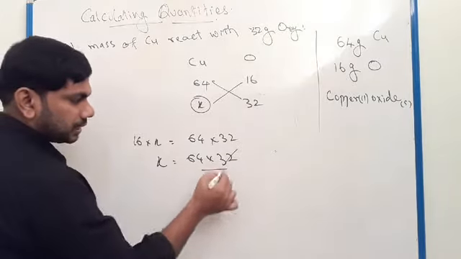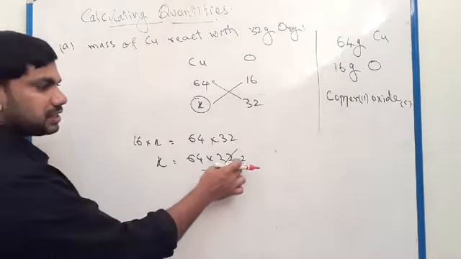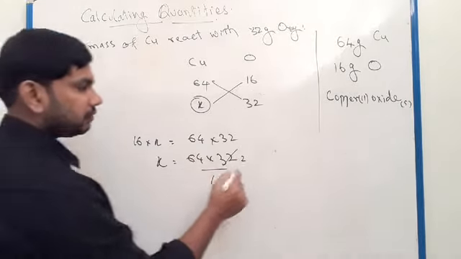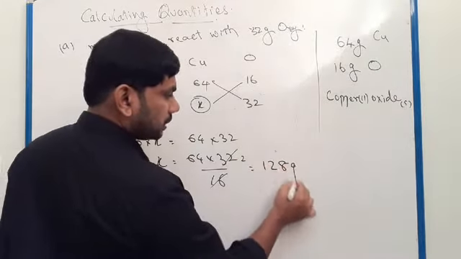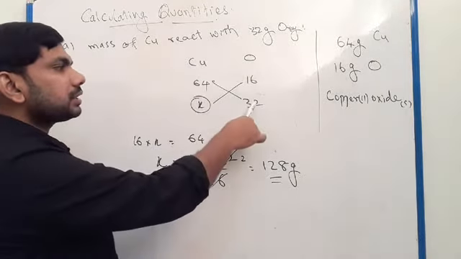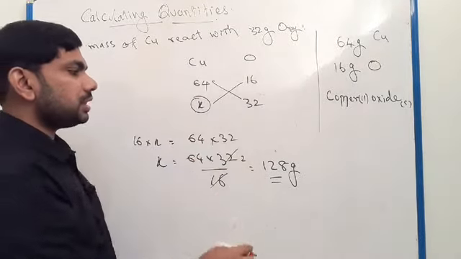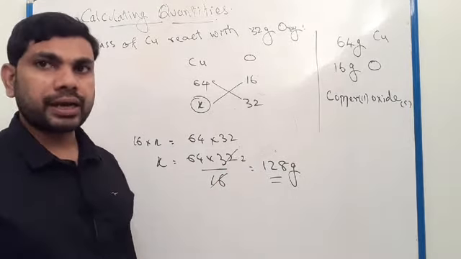You can cancel: 32 divided by 16 is 2. 2 times 64 is 128. So the answer is 128 gram. The mass of copper reacting with 32 gram oxygen is 128 gram.